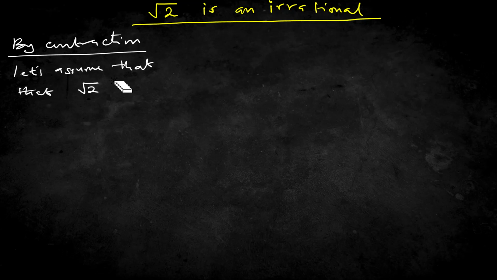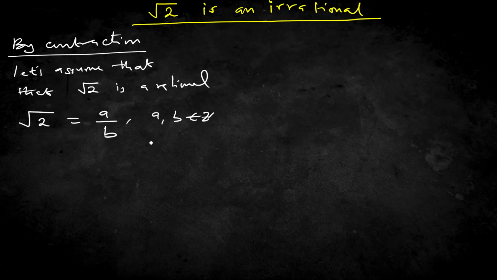So if root 2 is rational, it means that it can be expressed as a over b, where a and b are integers, and b can never be equal to 0.